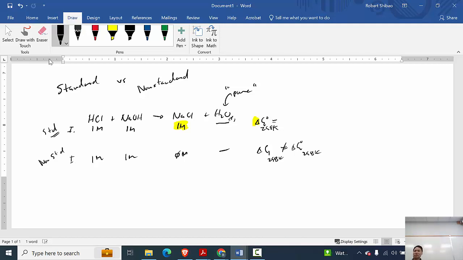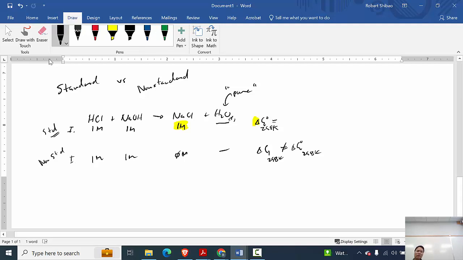But we have to do it this way. Otherwise, how many tables do you want? This would be too horrendous because we'd have to have delta H, delta S under all conditions. For example, maybe I don't start at 1 molar, maybe I don't start at 0 molar, maybe I start off with a 1/2 molar here. What is it going to be? It's just too much.